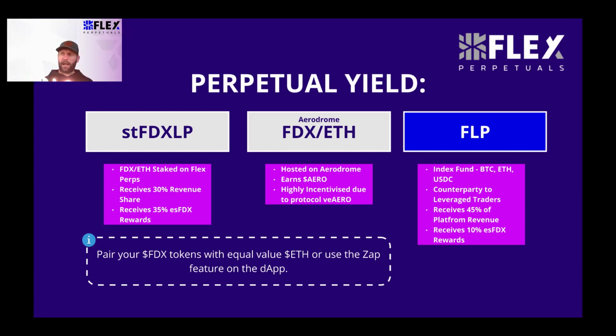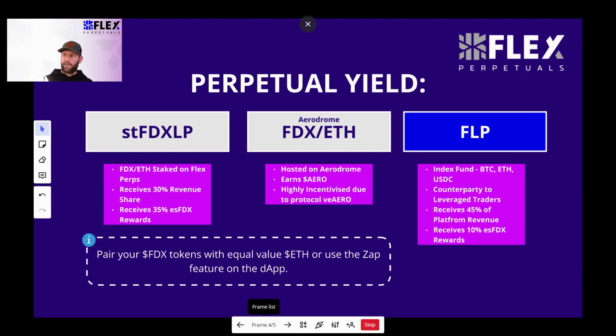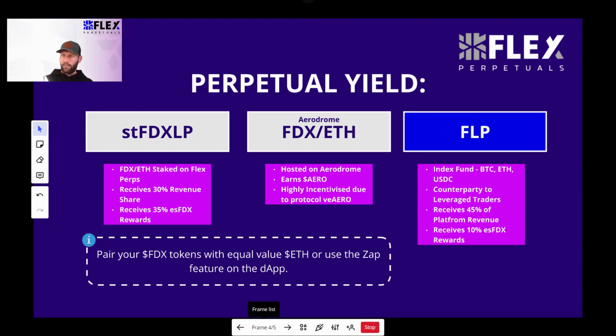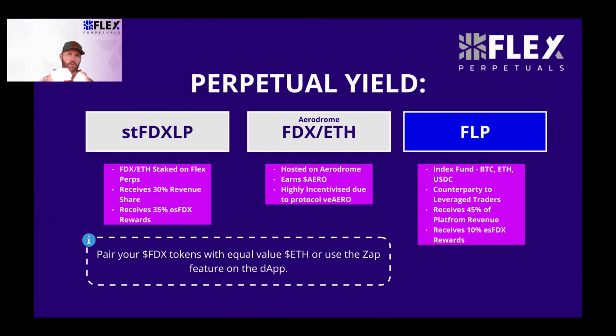Essentially, 44% of the whole token supply over a period of 4 years will be used through emissions in these incentives, and 35% of the community incentive emissions go towards this STFDXLP pool. So you're getting revenue share plus you're getting these incentive rewards.